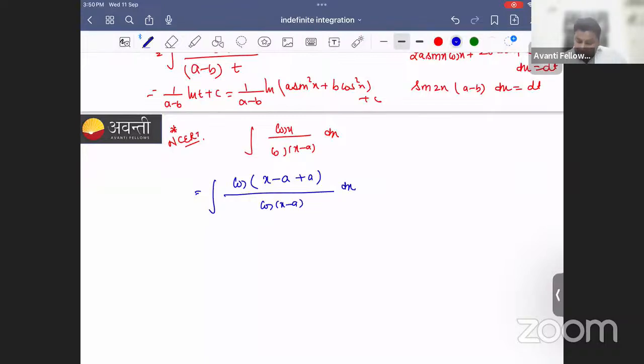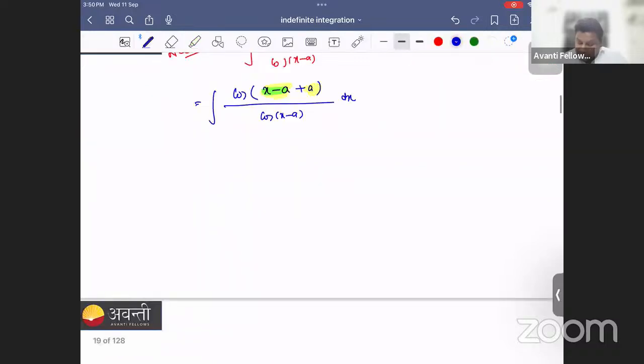Got it? Now consider them together and this separate. Cos of a plus b is what? Cos a cos b minus sin a sin b. Yes or no?